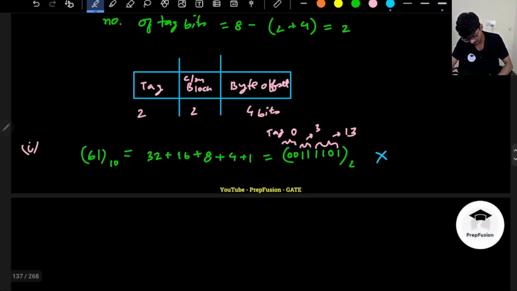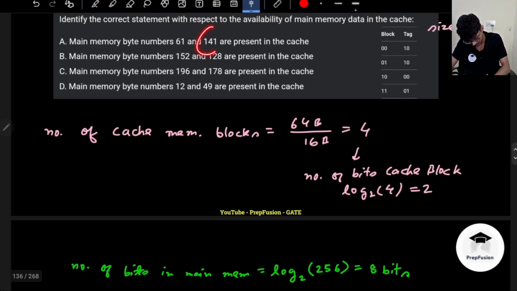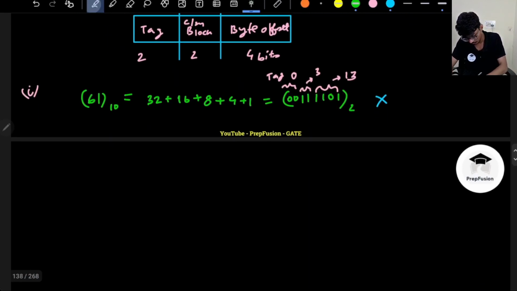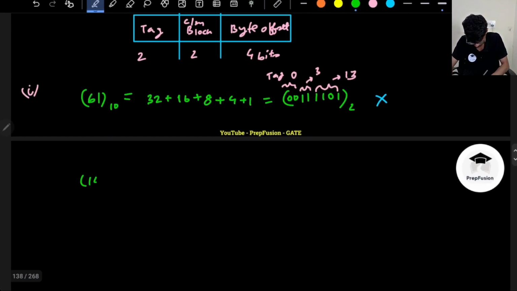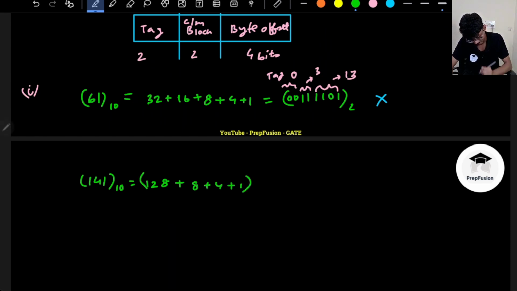So tag not matching, right? So let's check for the other one. The other one is 141. For 141, again I will do that process. So it will be 128 plus how much is it? 13, right? So 13 will be 8 plus 4 plus 1, correct?